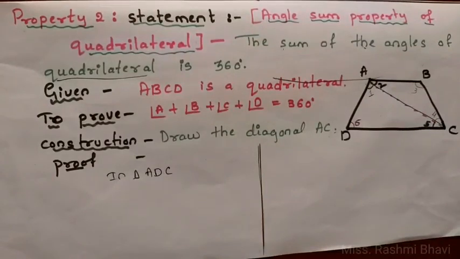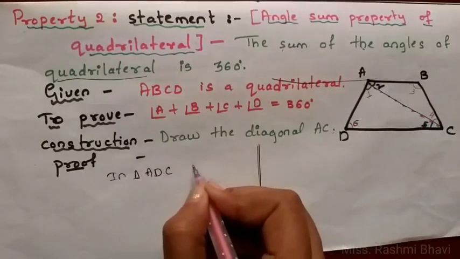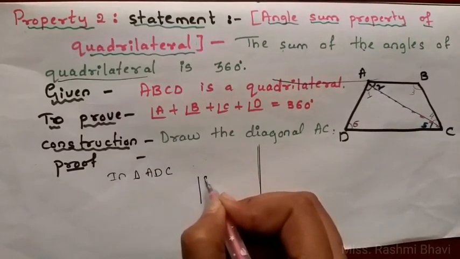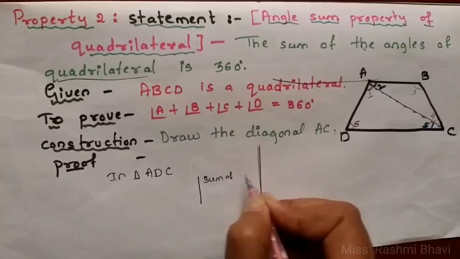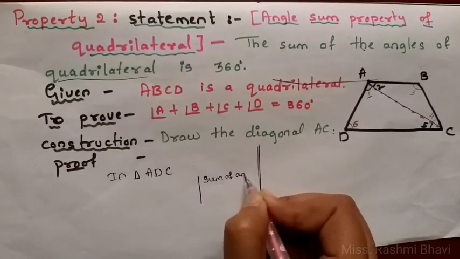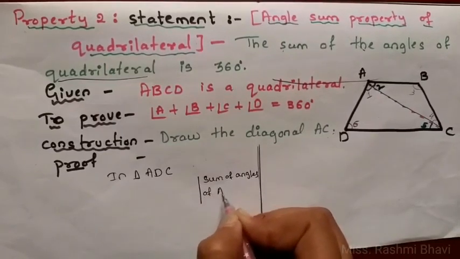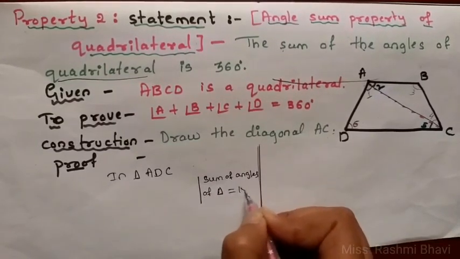In triangle ADC, I am going to apply the formula: the sum of the angles of a triangle is 180 degrees. I am using this condition, so I will write the reason here: sum of the angles of a triangle is 180 degrees.